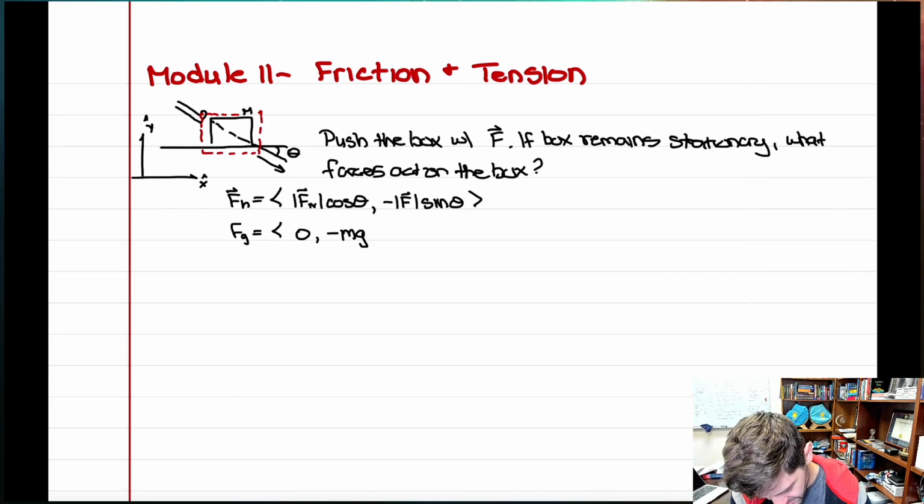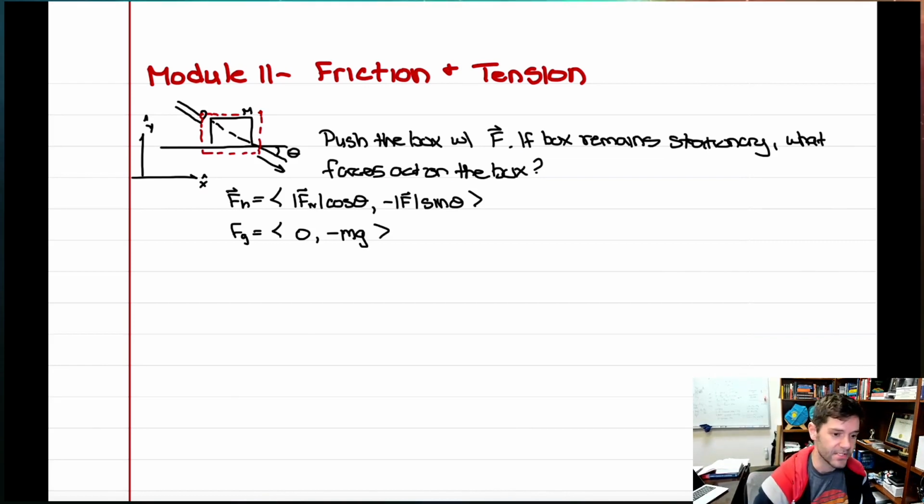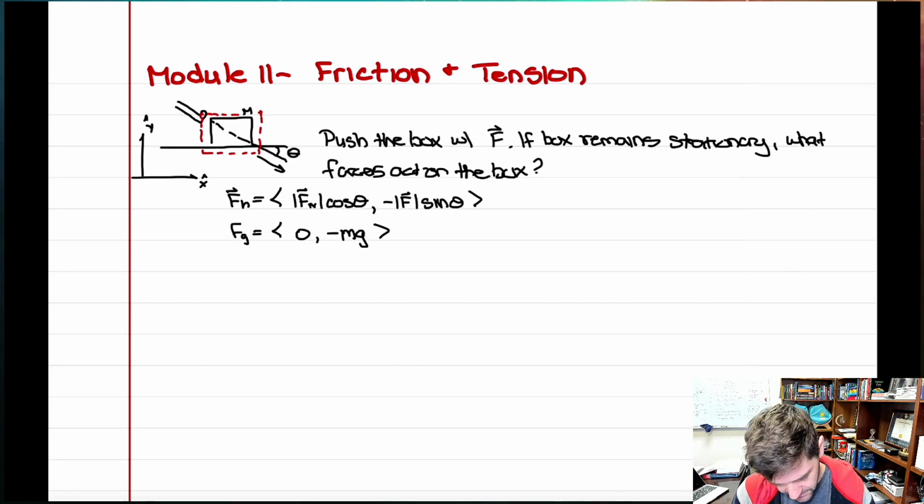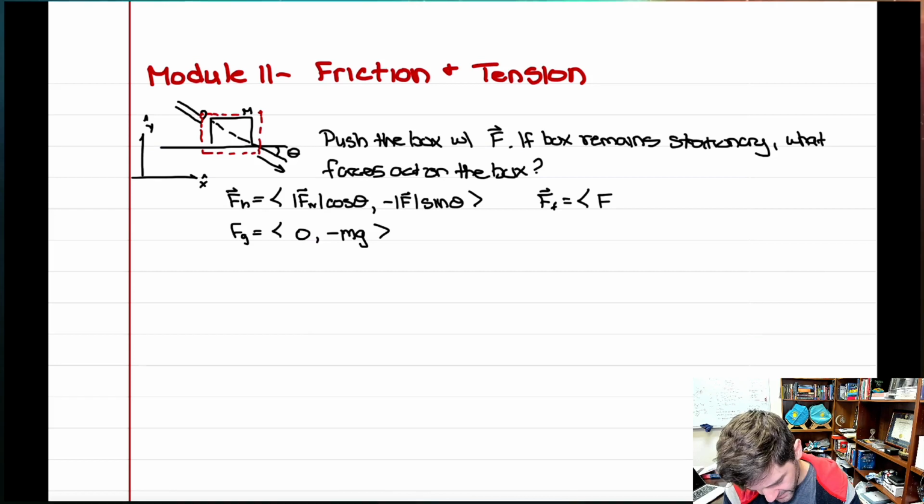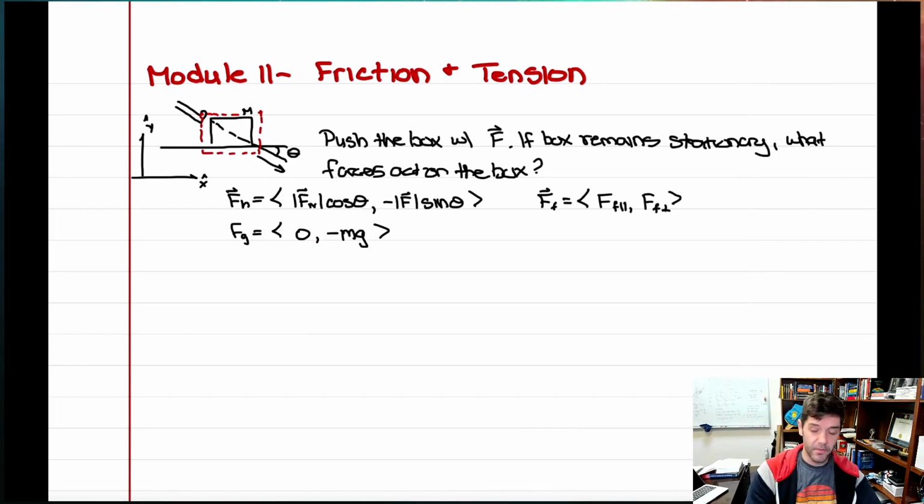Since I said up is positive, it might be something like negative mg in the y direction. And the box is also touching the floor. So I expect there to be a force on box from floor, which might have a component that is parallel to the floor and a component that is perpendicular to the floor. The perpendicular one, you might call the normal force.